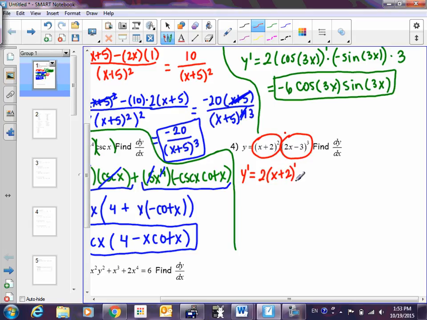And you could go to the 1 power, and you could go times the derivative of the inside. Neither of these ones affect the rest of the problem, though, right? So that's the derivative of the first item times the second item. Okay, plus. So I did the first half of product rule. You do the second half.